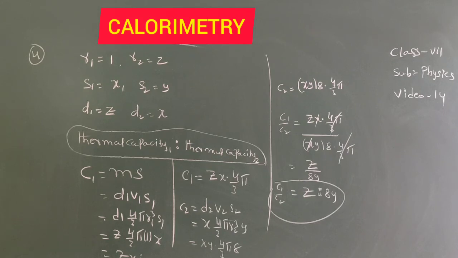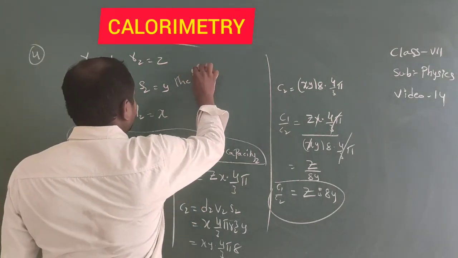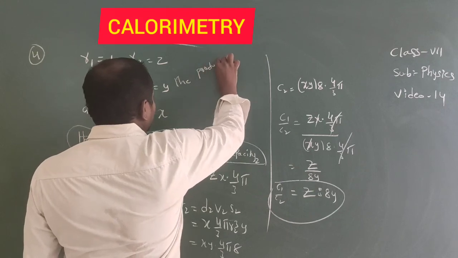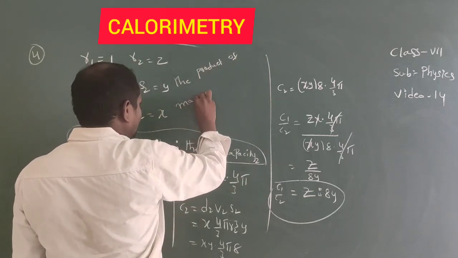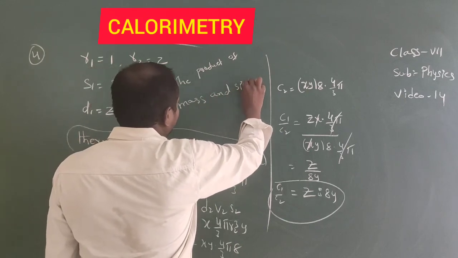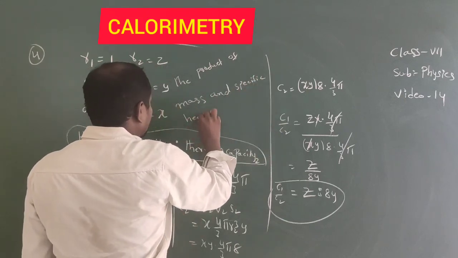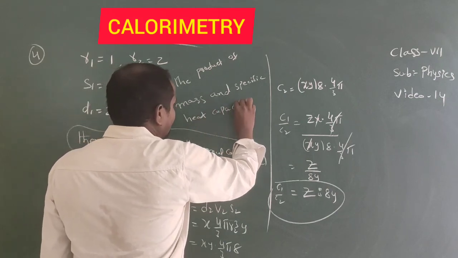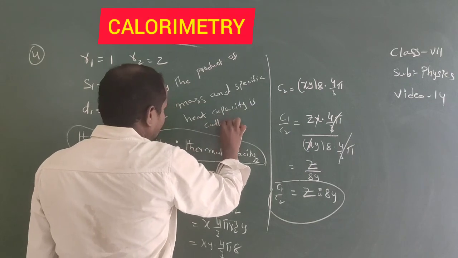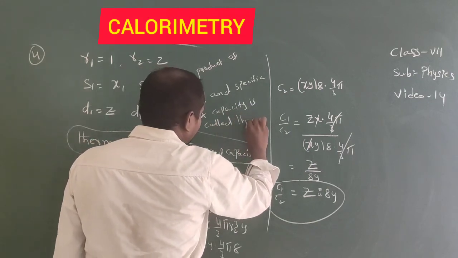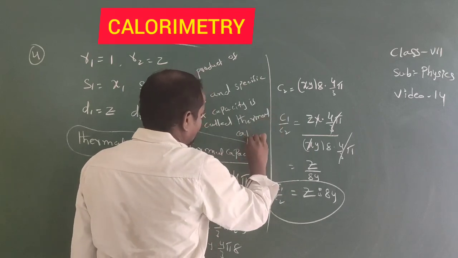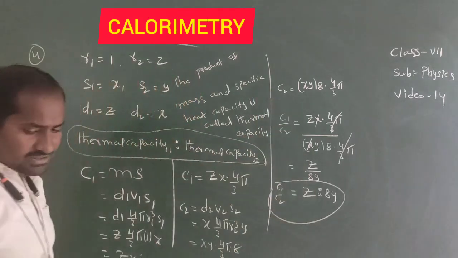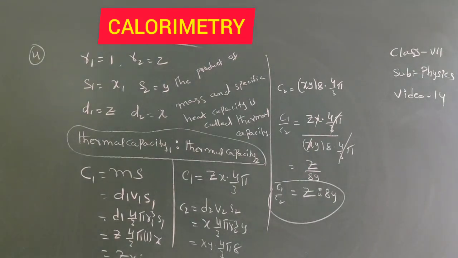So thermal capacity means the product of mass and specific heat capacity is called thermal capacity. It is the fourth one solution.